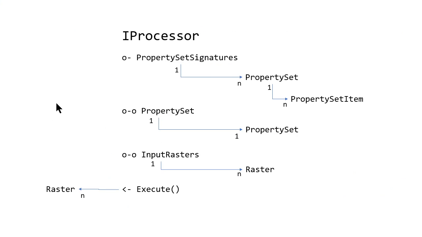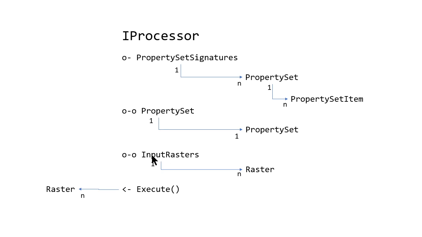So if you look at iProcessor from an object entity type relationships perspective, you have the property set signatures which expose all of the methods. That's read-only and it contains many property set objects, which in turn contain many property set items. The property set attribute of the iProcessor is a read and write attribute that can contain only one property set object.